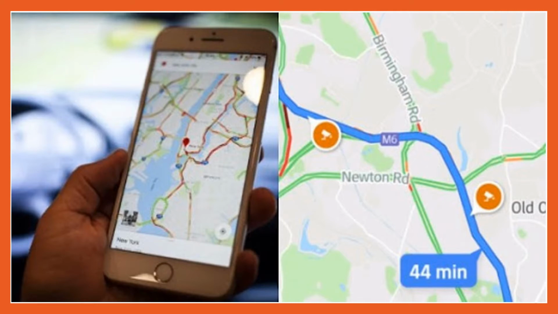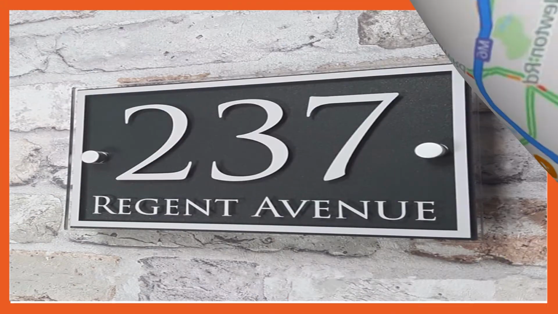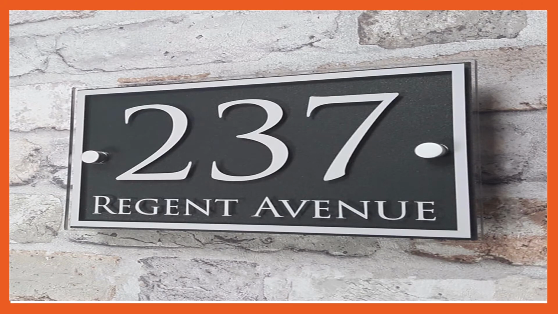Well, that's because Google has some numbers stored inside it. Students, you all know that for every house there is a house number, right? Which is written on the door or near the door. And whenever the postman wants to deliver a letter, by that particular number he is able to identify where to deliver which letter.